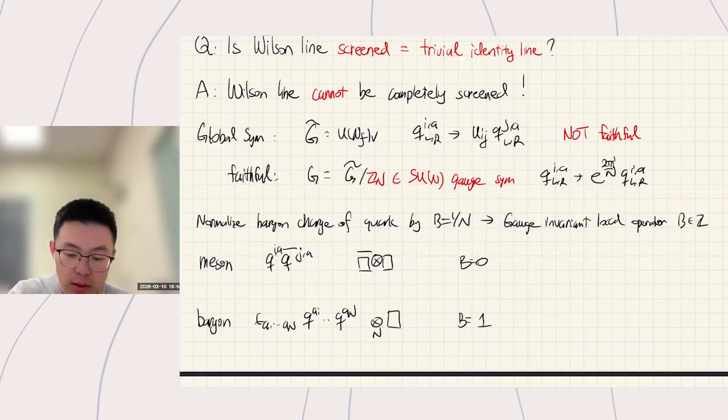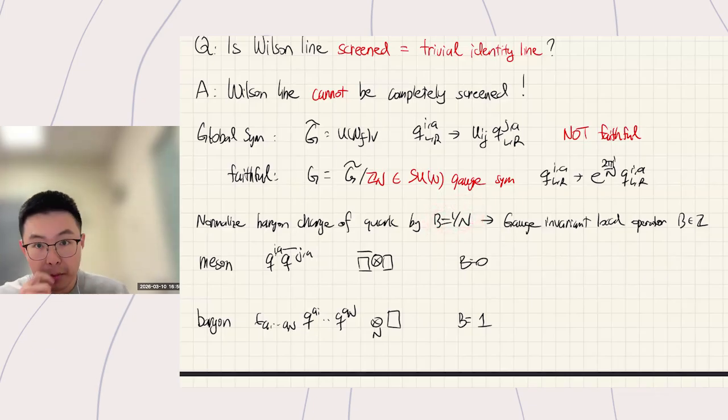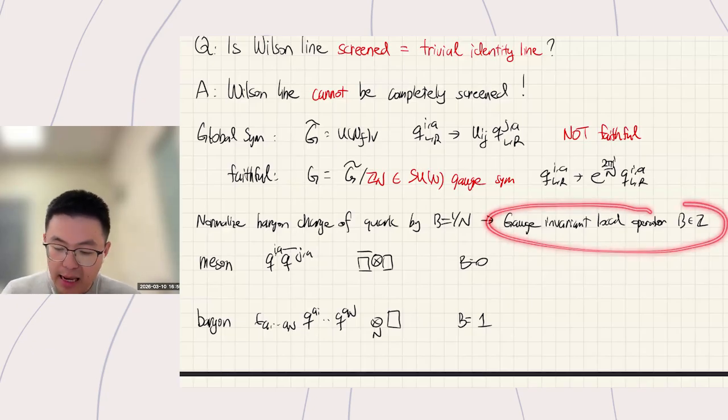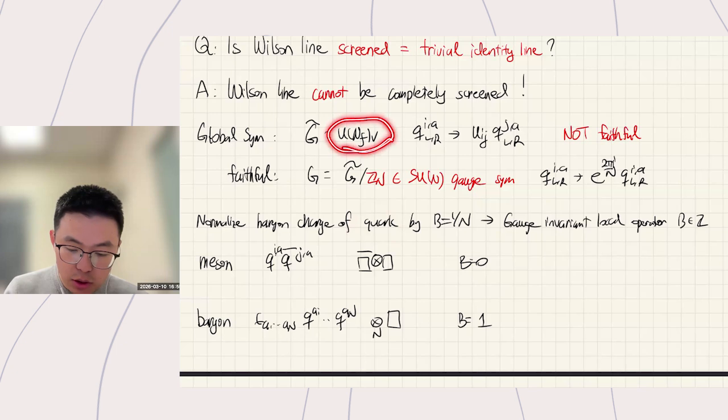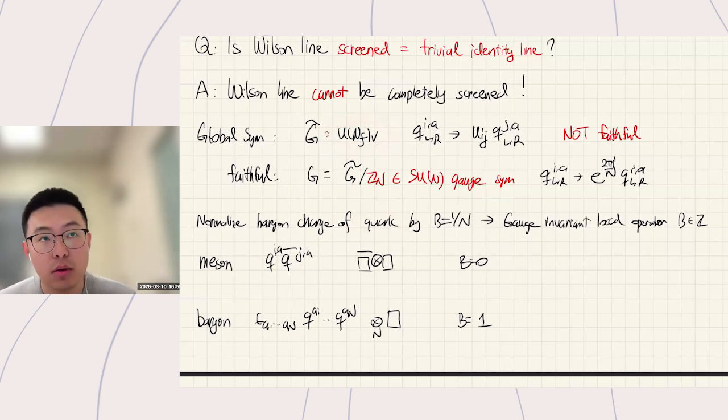Remember that I normalized the baryon charge of a quark by 1 over n. So all of the gauge-invariant local operators have integer baryon charge, while a quark, which transforms in a linear representation under U(NF), actually has a fractional baryon charge, but it is not a gauge-invariant local operator.